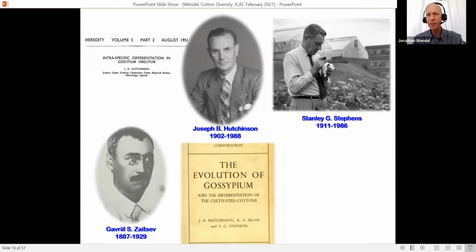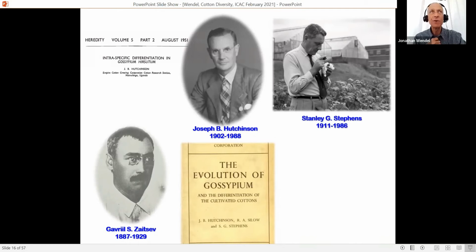And then along comes Stanley G. Stevens. This is a picture at North Carolina State University, where I started as a postdoc in 1983, and those greenhouses in the background is where I first was growing my cotton, just because I was working on maize, but I was interested in cotton. S.G. Stevens was just a brilliant man.